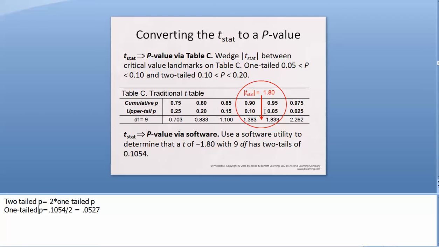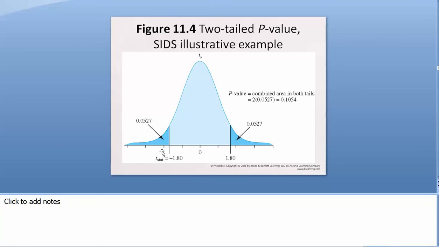One-tail p-value will be 0.06, and then the two-tail will be twice as much, which will be 0.12. But the exact value that you get from the software will be 0.1054. So they have in fact divided the 0.1054 into each tail, and each of them will have 0.0527. So in other words, the p-value for a one-tail test will be 0.05, and the p-value for a two-tail test is 0.1054. Okay.